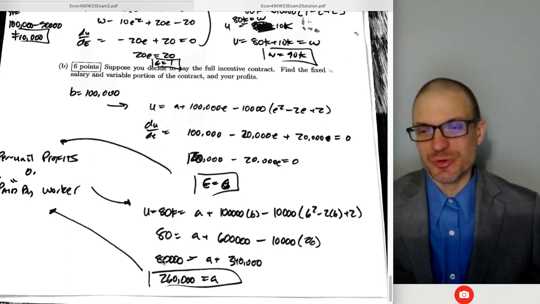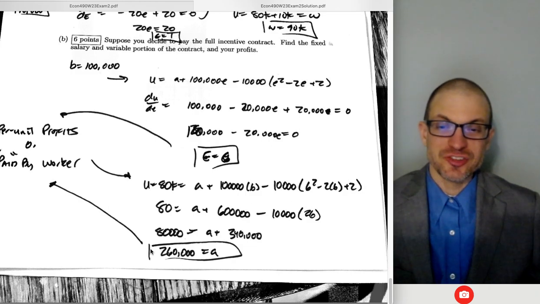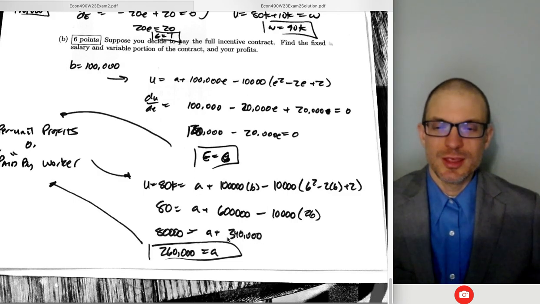We need this to be equal to 80,000. So A has to be actually negative 260,000. I made A positive. I forgot the negative here. I think what I was doing was calculating just the magnitude. This is negative because 340,000 minus 260,000 gives them 80,000, and leaves them indifferent between working and not.